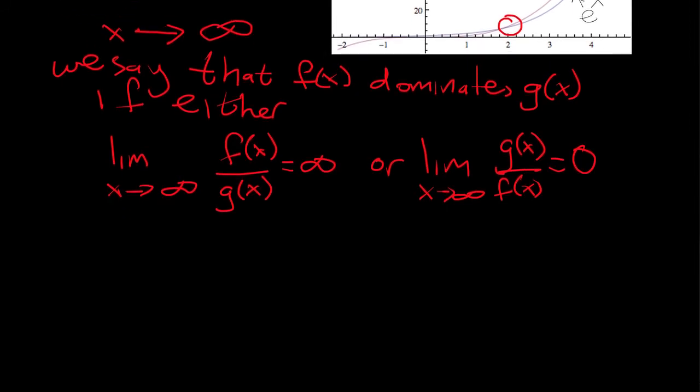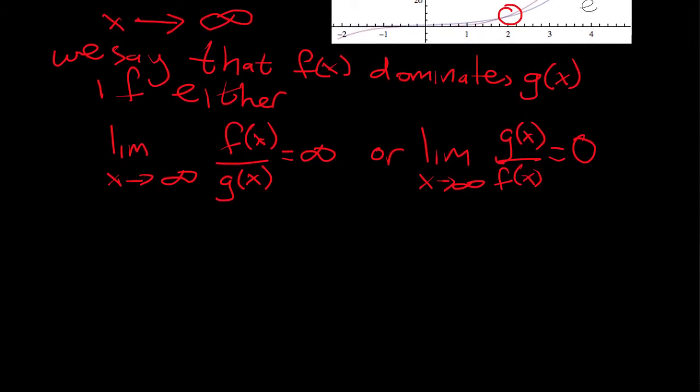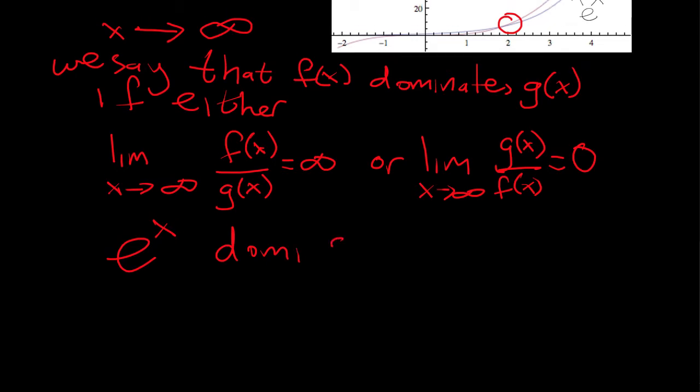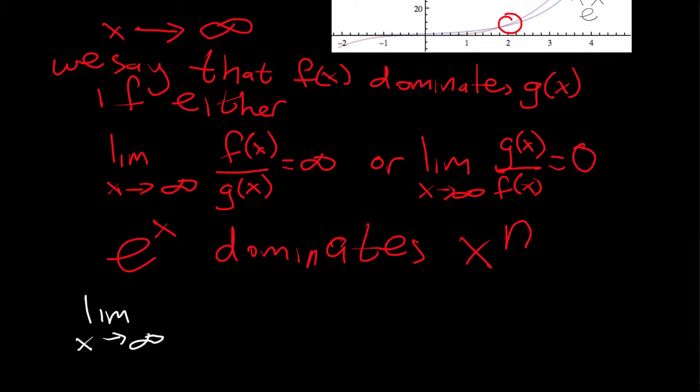And so it's easily seen, using L'Hopital's rule, why e to the x dominates x raised to any power n. We're not going to go through the entire proof, but let me just show you, for example, the limit as x approaches infinity of e to the x over x to any power.